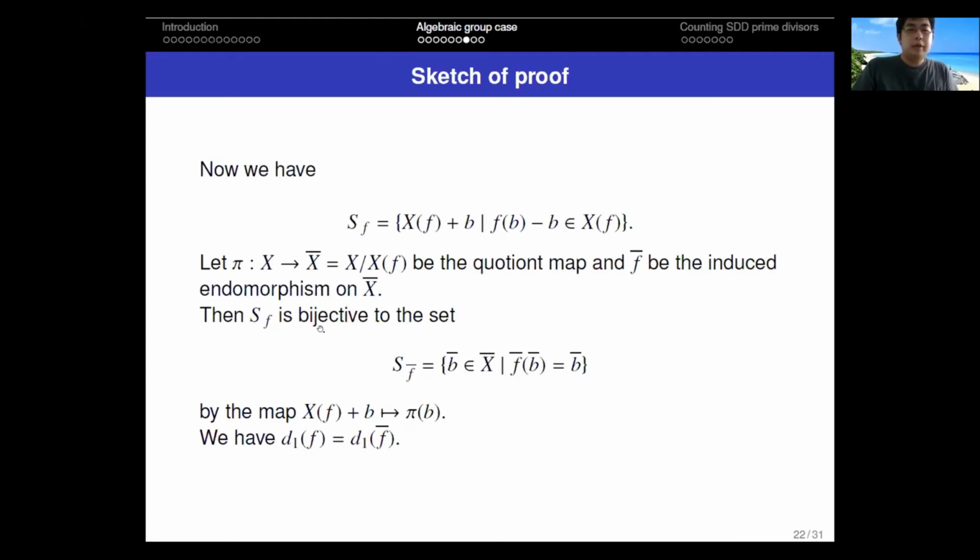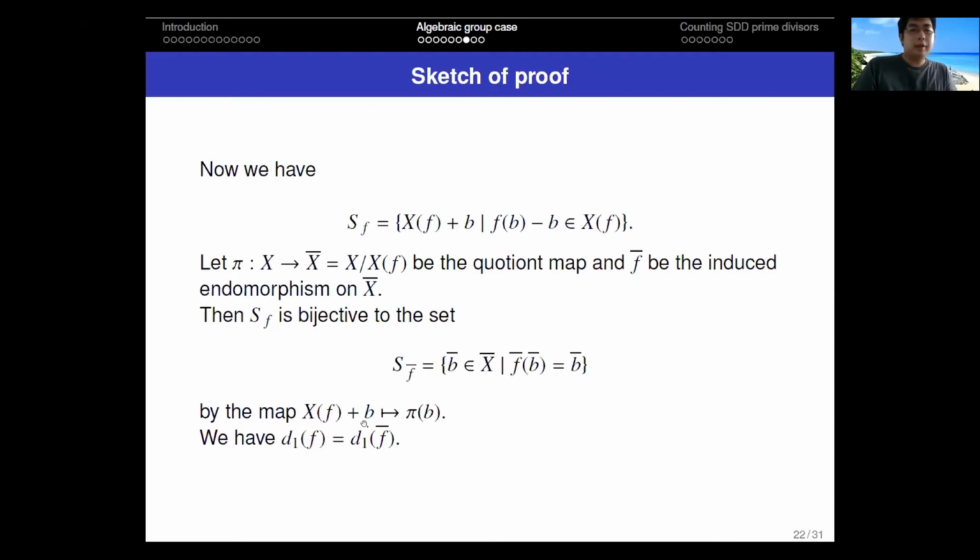Because we contract X_F, S_F bar is denoted by this formula. S_F bar is just the fixed point set of F bar. This means X_F bar is just the origin.